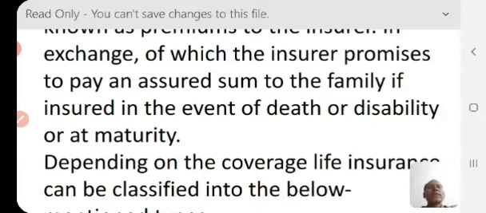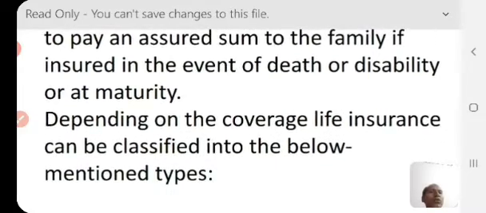The insurer promises the insured, the family members or the policyholder, whoever he may be, financial protection in the event of risk occurrence or disability occurrence or at the time of maturity.